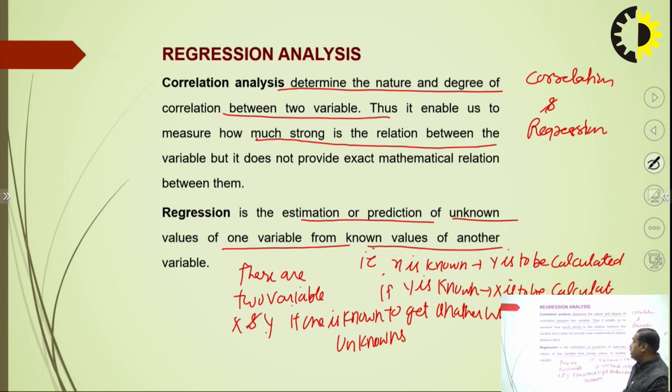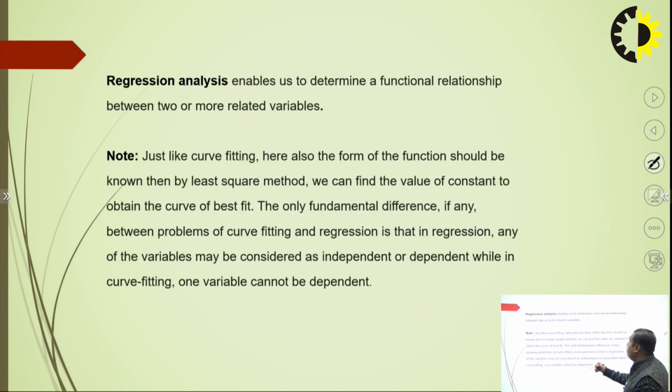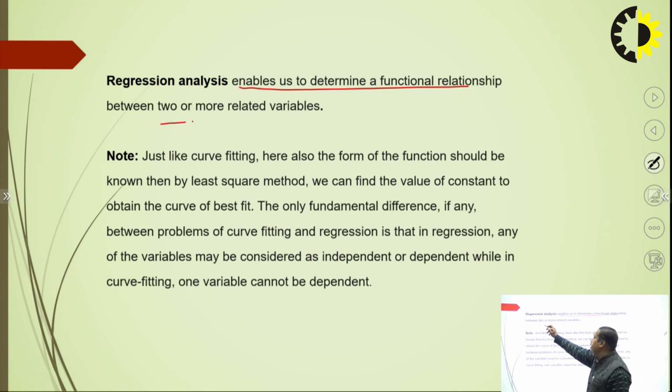That means regression is the estimation or prediction of the unknown value of one variable from the known value of another variable. There are two variables, x and y, and we have to make a relation between x and y, or y and x. Regression analysis enables us to determine a functional relationship between two or more related variables.